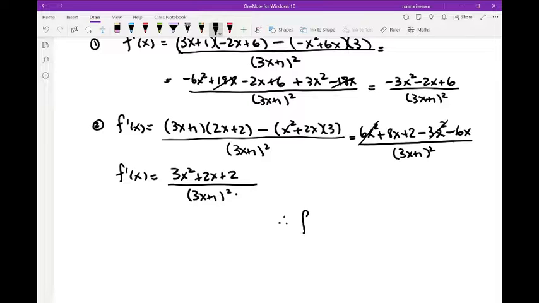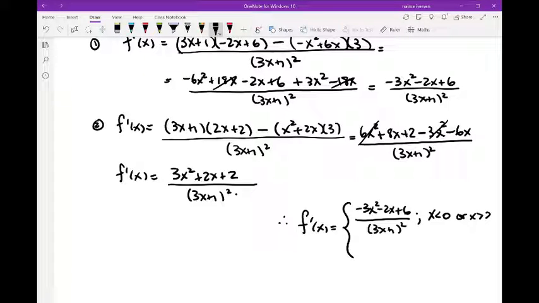So that means that f prime of x is a piecewise function. The first one is negative 3x squared minus 2x plus 6 divided by 3x plus 1 squared, and that was for x less than 0 or x greater than 2.